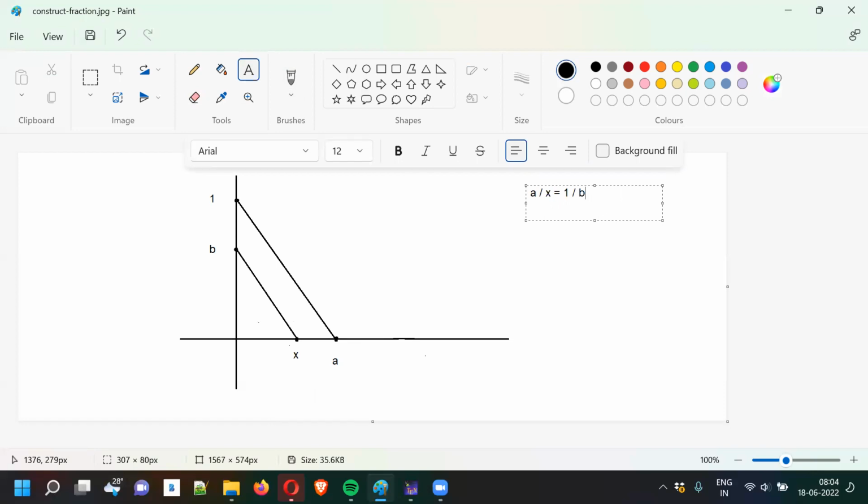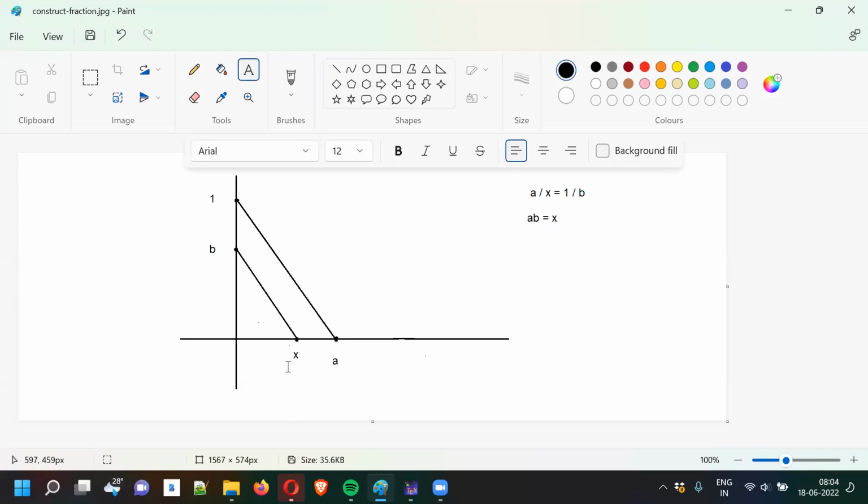Okay, it has been flipped, right? One of the fractions has flipped now. A by X is equal to 1 by B, comparing larger triangle with smaller triangle by similarity. What does this imply? Cross multiply, X goes above on the right side, B goes above on the left side. So cross multiplying, we get AB is equal to X. So X is equal to AB.